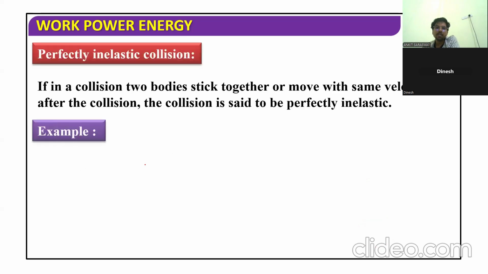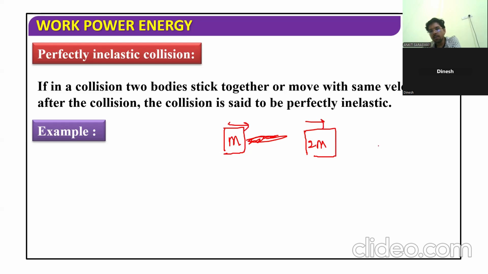Perfectly inelastic means this body having mass m is colliding with this mass 2m.